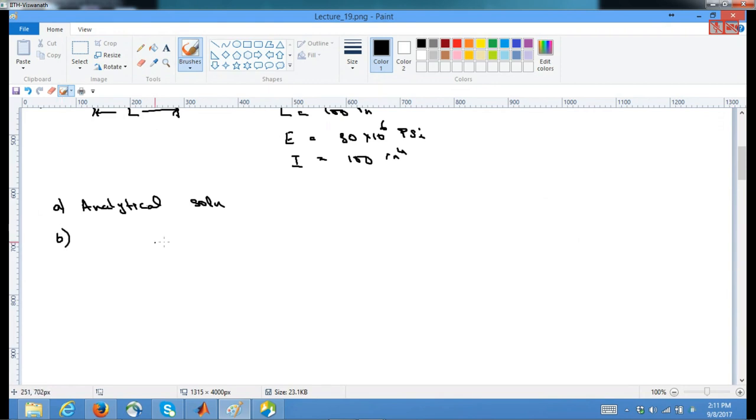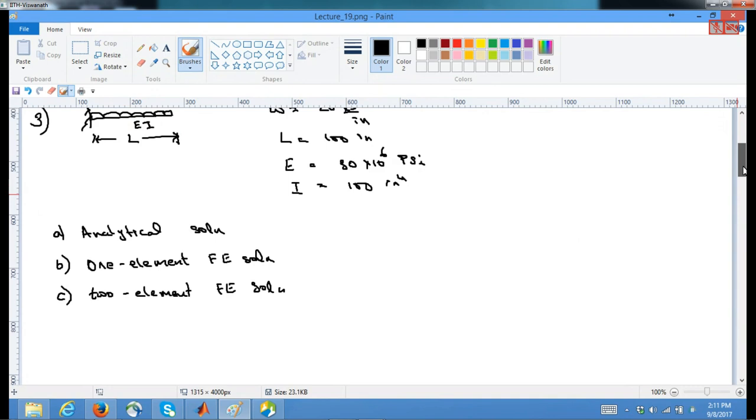Second, we obtain a one element FE solution, and then if possible we'll do a two element FE formulation. So let's continue in the same manner.